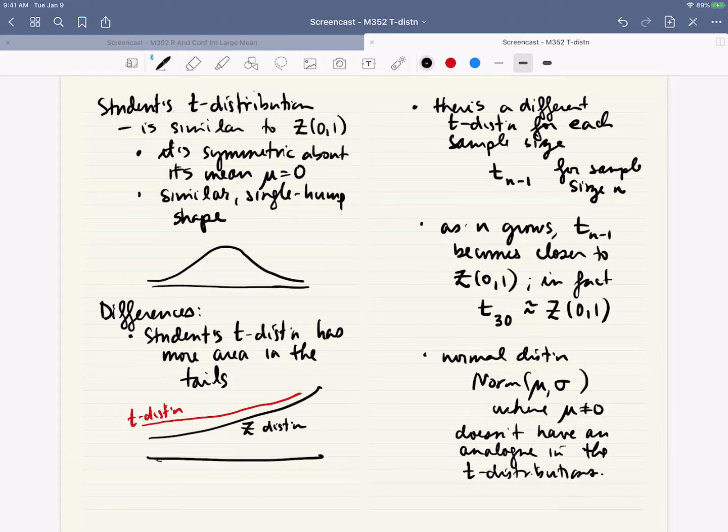All our t-distributions, we're going to think of them as centered at the mean mu. For each n value, there's going to be a single standard t-distribution. You should think of them as analogous to the standard normal distribution, a different one for every n.